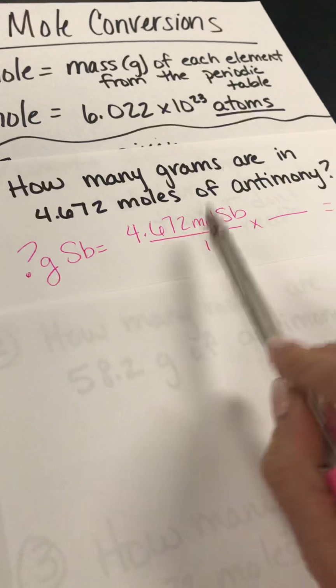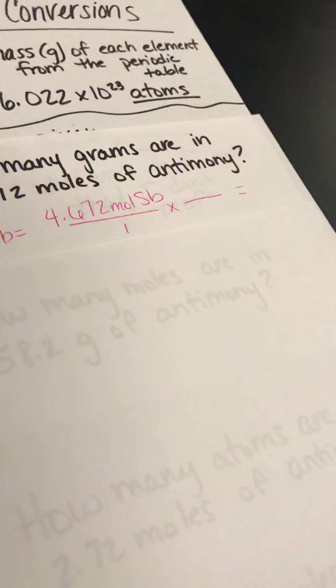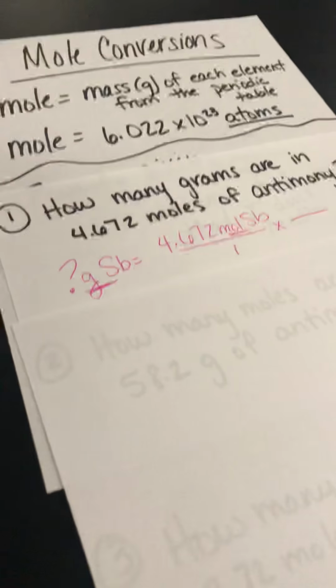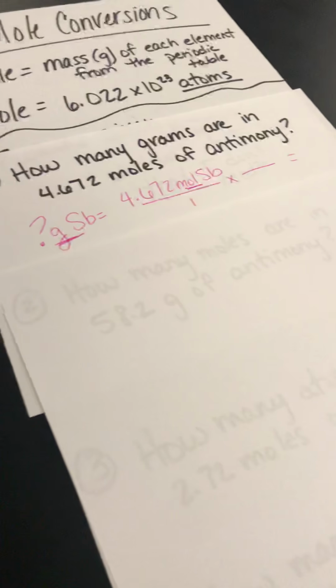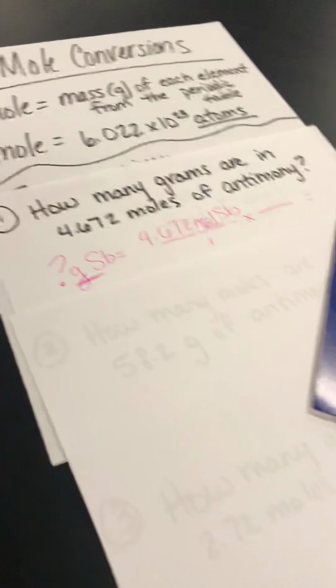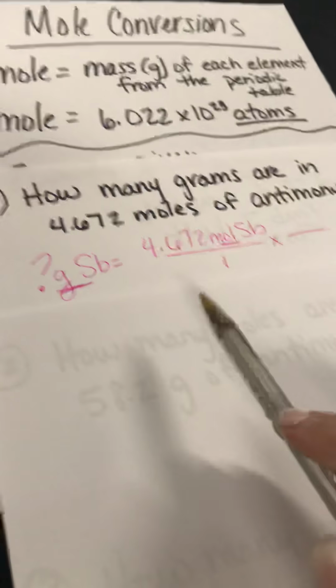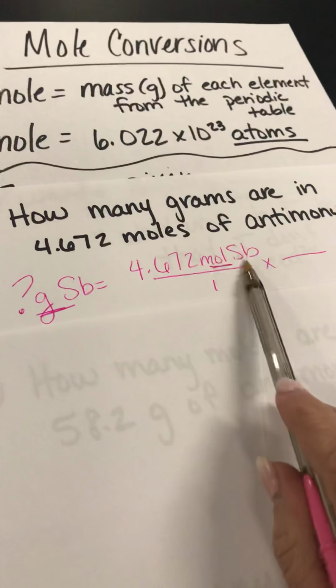We need to know the unit, so are we talking about moles, grams, or atoms? And we need to know what element we're talking about so we know what to look up on our periodic table when that time comes. So 2 labels: unit and element.